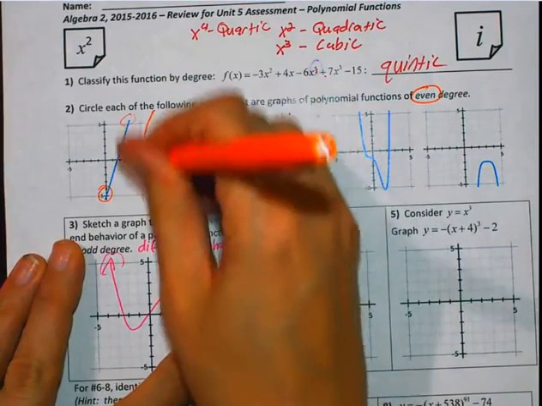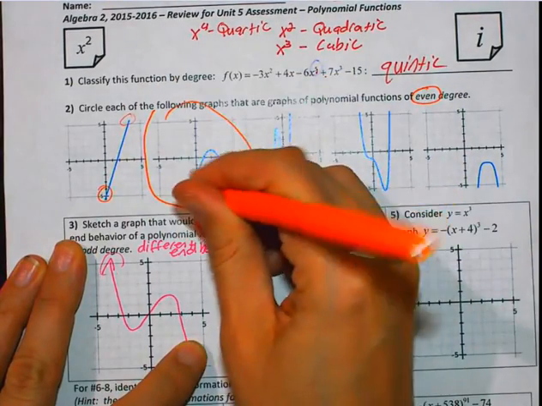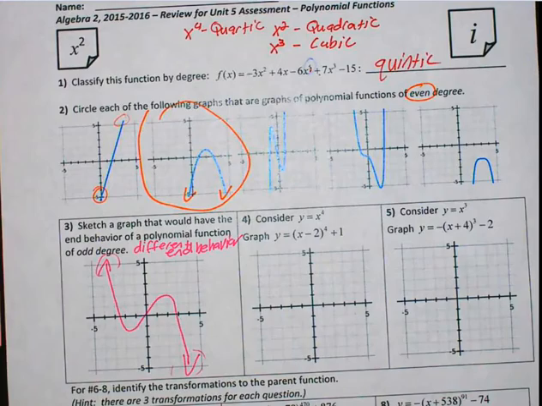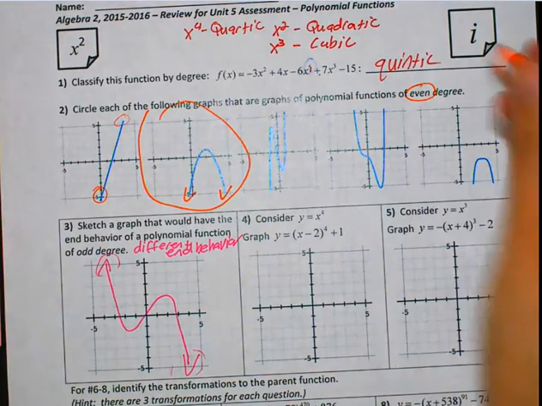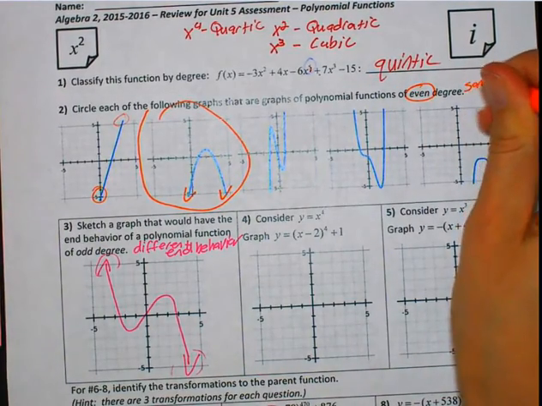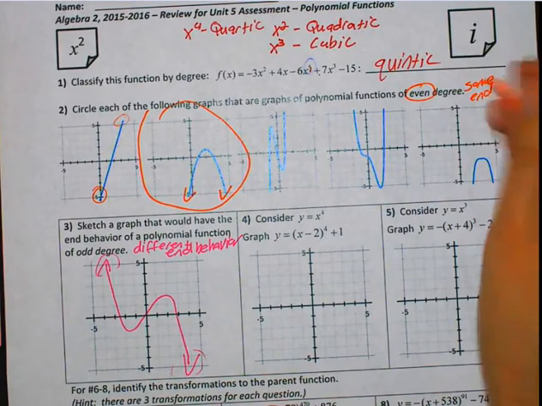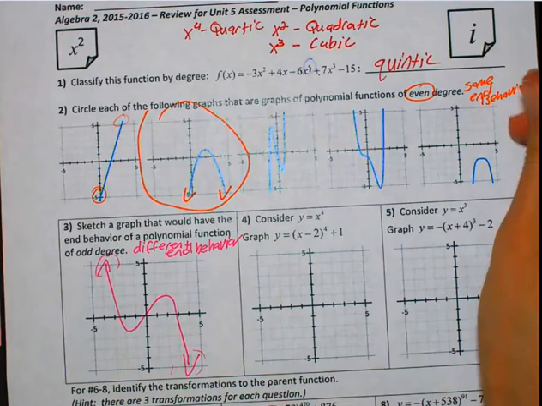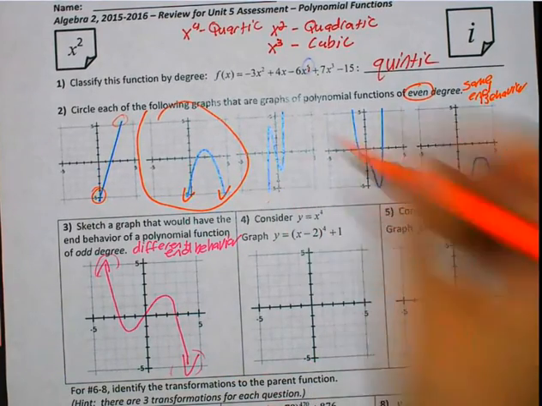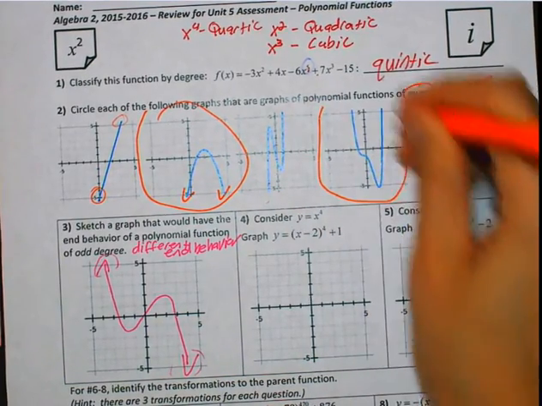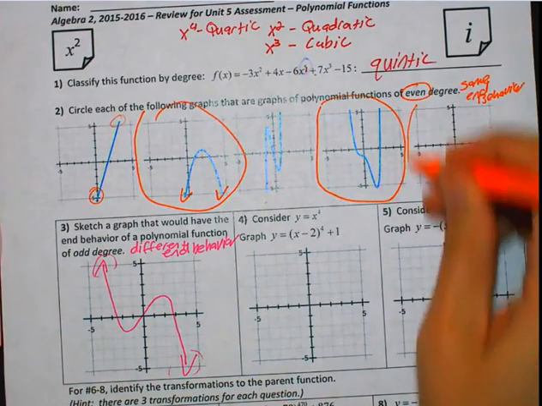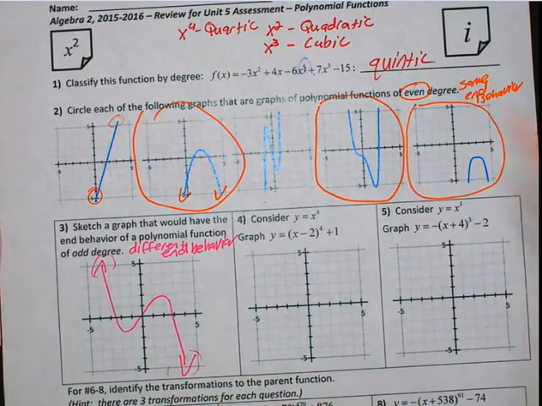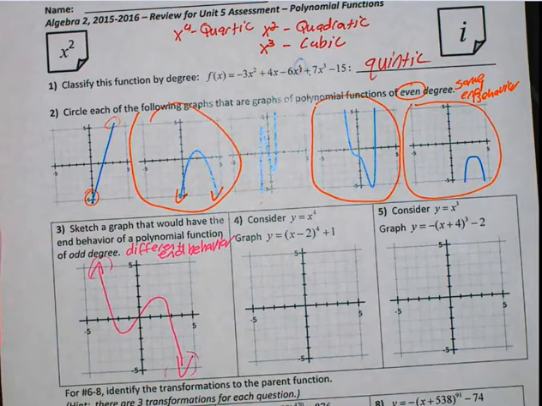This one, both of the ends are going to negative infinity, so that has the same end behavior, so that's even. This one has opposite, this one has the same, and the last one has the same. Okay, so even, same end behavior, odd would be different end behavior. So let's look at number 4.